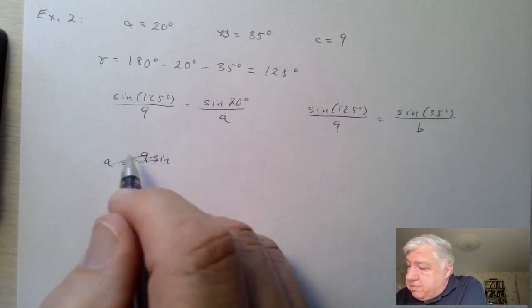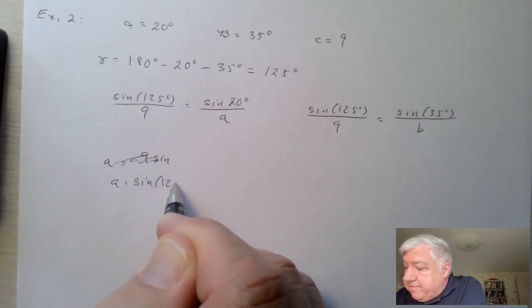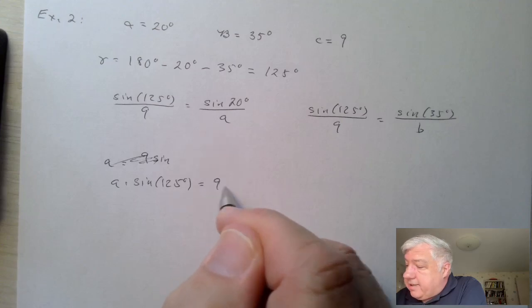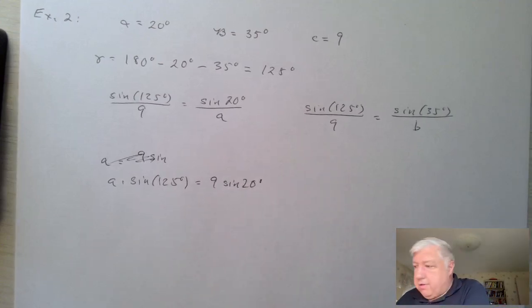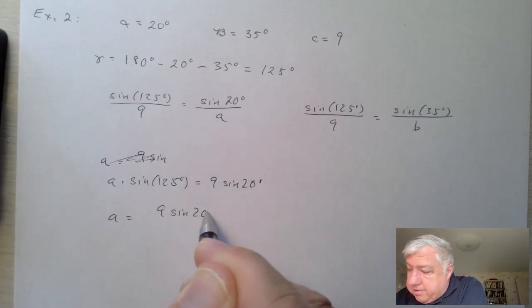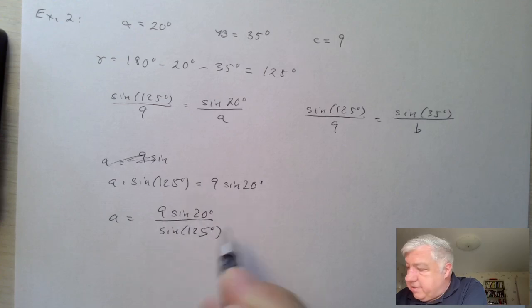So let's cross multiply. We have A times the sine of 125 is equal to 9 times the sine of 20 degrees. So A is going to be 9 sine of 20 degrees divided by the sine of 125 degrees.